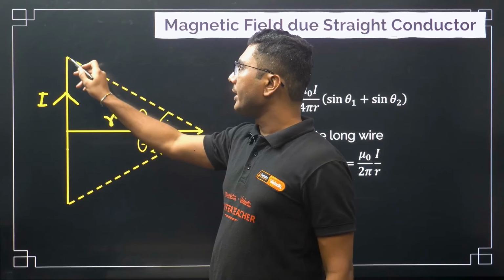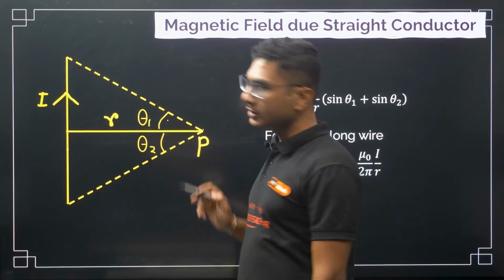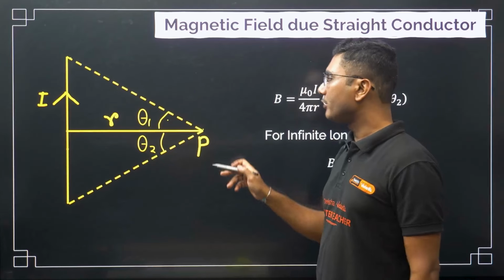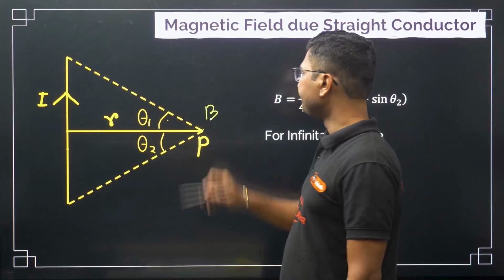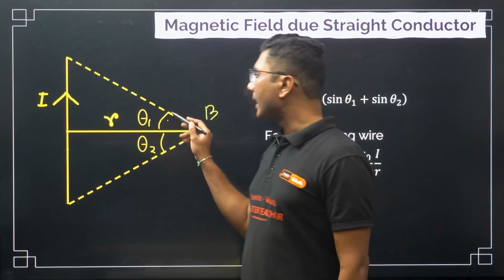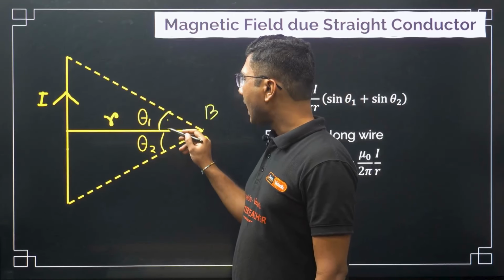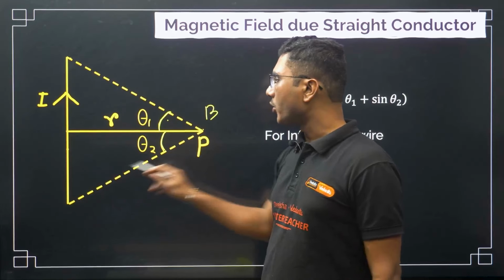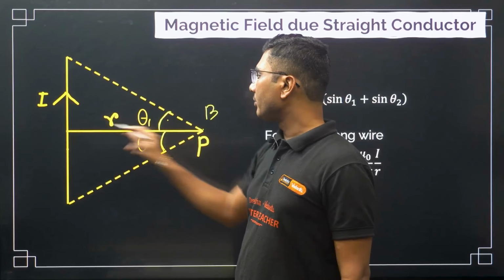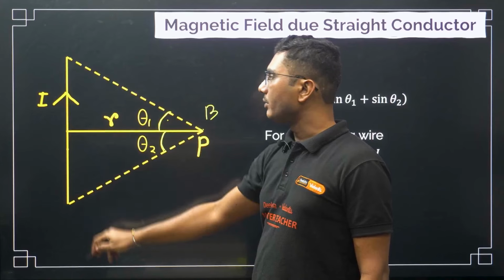If you join this point and the point of inspection, point P, where we are trying to find the magnetic field, this angle is theta 1 and this angle is theta 2 from the bottom. This is the perpendicular distance from the current carrying wire.